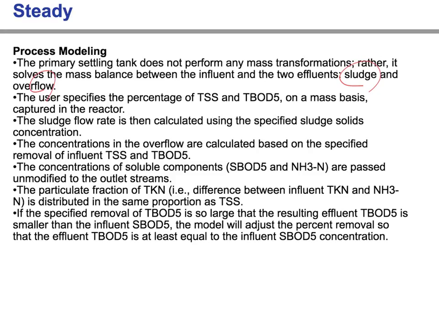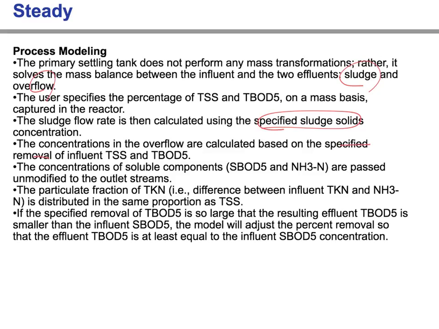Then the sludge flow rate is calculated using the specified sludge solid concentration. The concentration of the overflow is calculated based on the specified removal efficiency of the influent TSS and TBOD5.